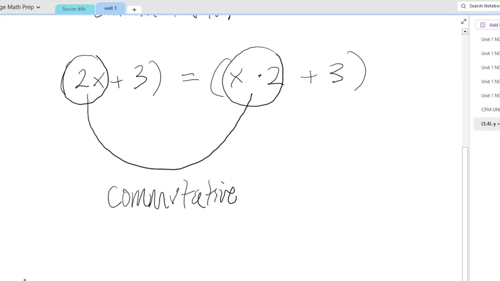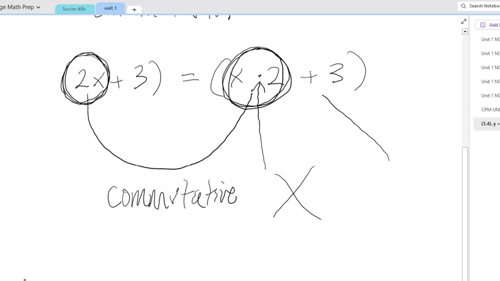Now let me once again draw your attention to what exactly is flipping. It's the 2 times the x that becomes x times 2. Focus on what it is that's flipping and then look at what's happening to the things that are being flipped. They are being multiplied, so therefore this is the commutative property of multiplication. Don't be distracted by this plus sign right here.